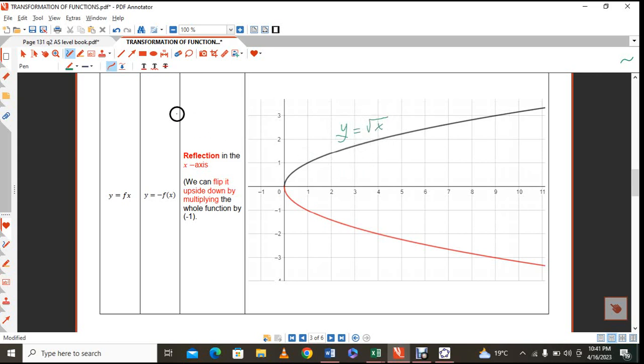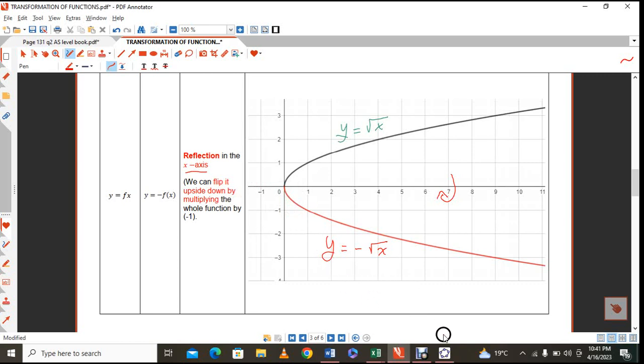If I take that same function and put a minus in front of it, I have y equals minus root x. The graph will be flipped, where the x-axis becomes the line of symmetry, and it has to remain a function. I hope you understand that. Whatever function you are given, if you have a negative in front of that function, the function will flip.